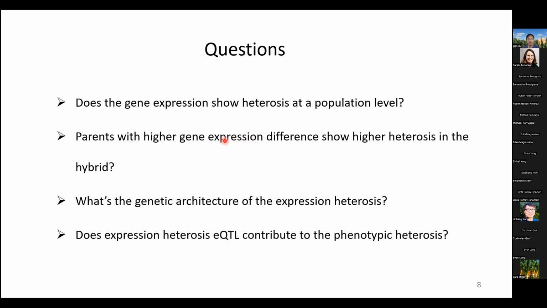Can gene expression show heterosis at a population level? Do parents with higher gene expression difference show higher heterosis in the hybrids? What is the genetic architecture of this gene expression heterosis? And can the expression heterosis eQTL contribute to phenotypic heterosis?